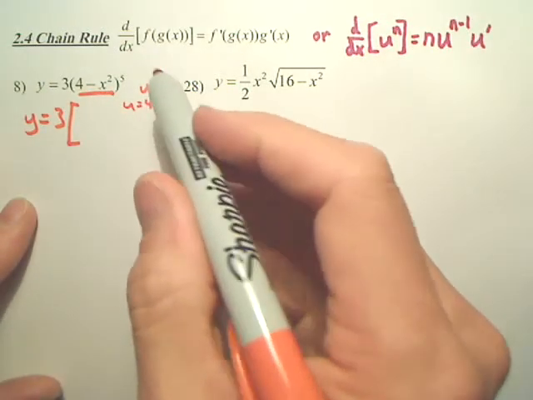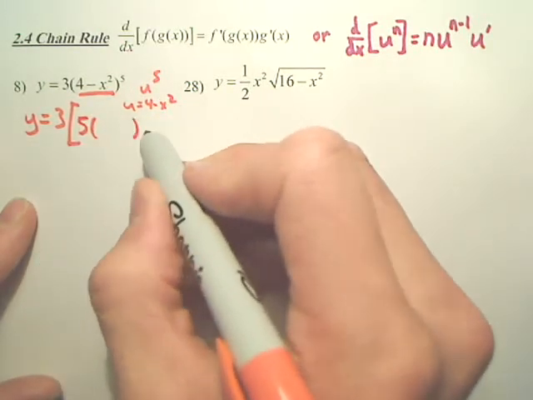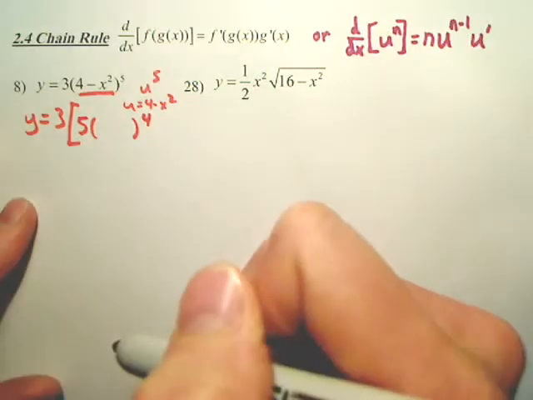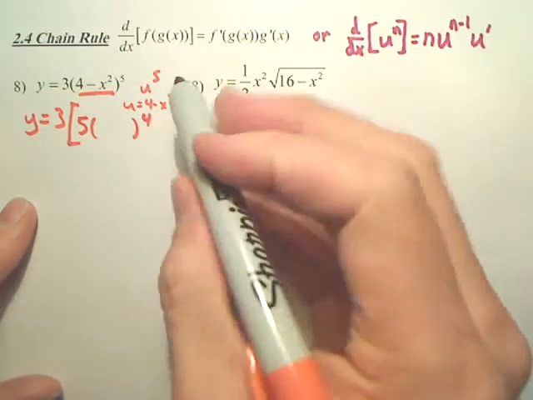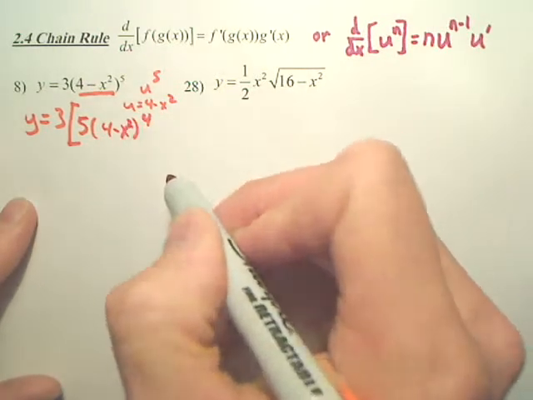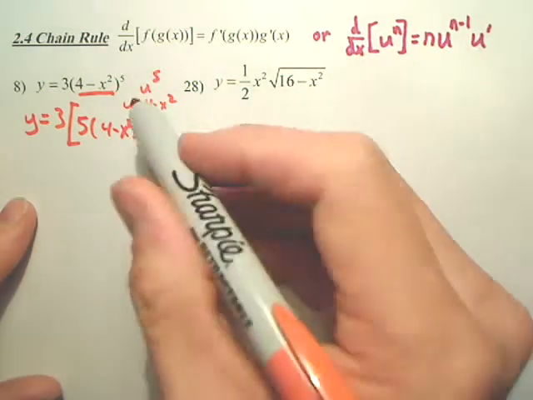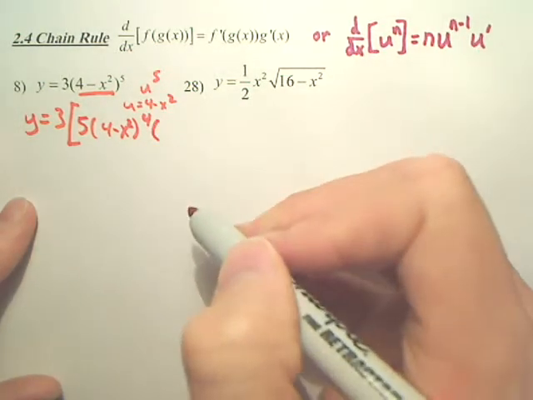So what's the derivative of u to the 5th? It's 5u to the 4th. Correct? Okay, what was u again? 4 minus x squared. But according to the chain rule, you also have to derive u. So what's going to go multiplied at the end?